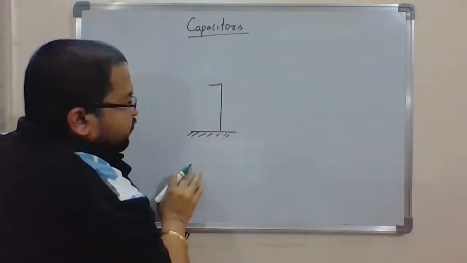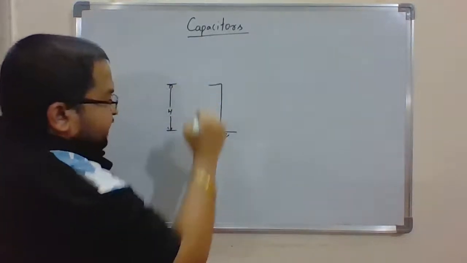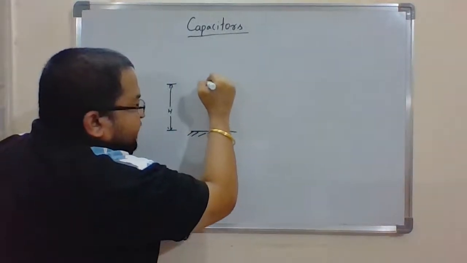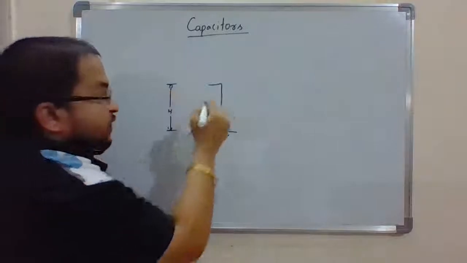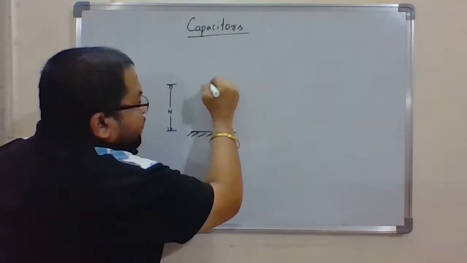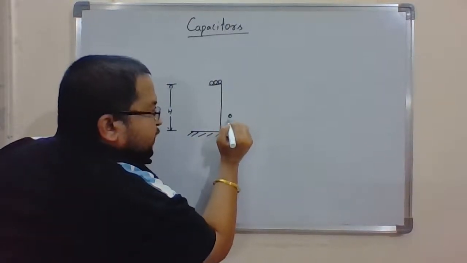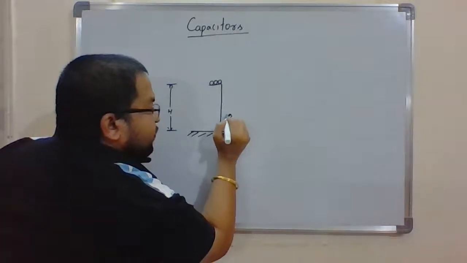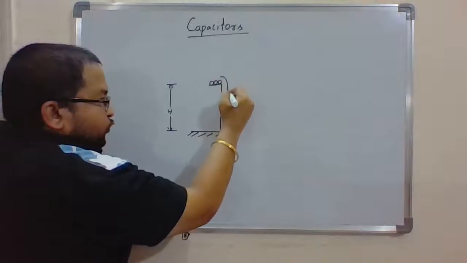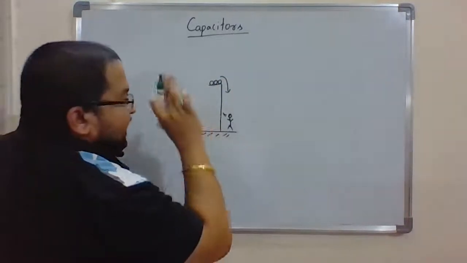The soldiers of this fort, suppose this height is some h, have created a cliff here, and they are putting a lot of stones here so that when the enemy attacks, suppose these are the enemy soldiers, they can throw these stones in a burst and kill the enemy.